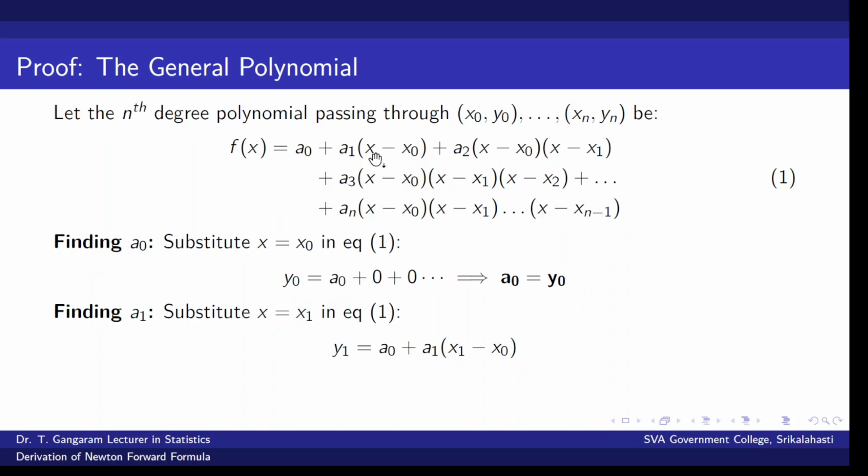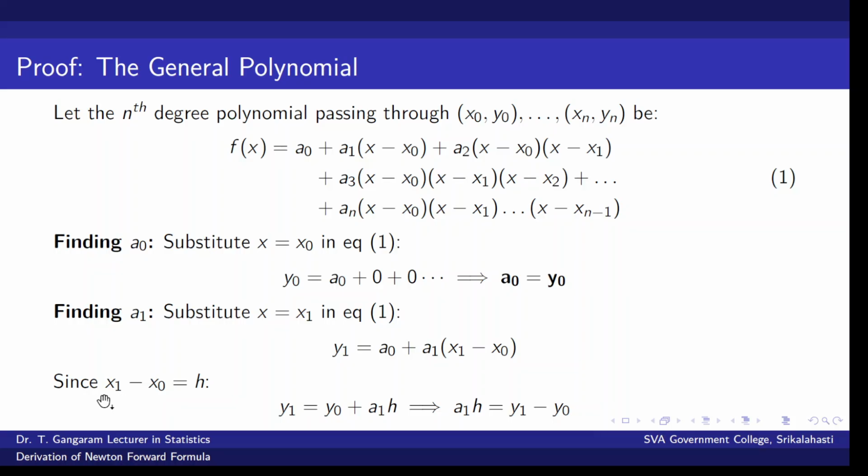Similarly, substitute x is equal to x1 in equation 1. Here x1 minus x0, x1 minus x1 becomes 0. Up to two terms only remain. So a0 plus a1 into x1 minus x0 remains.